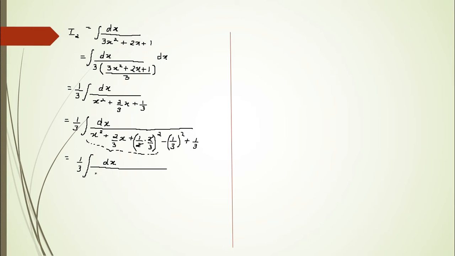So I'll write this as x plus 1 by 3 whole square, and here I'll get remaining is 1 by 3 minus 1 by 9.